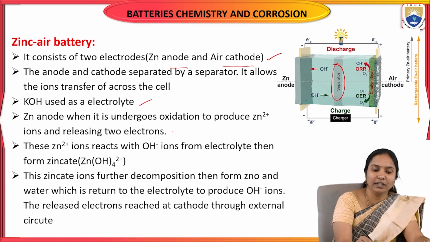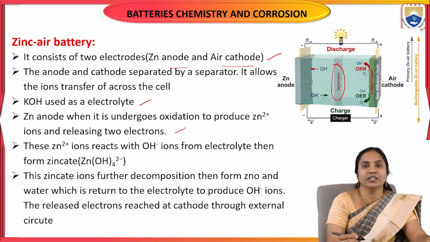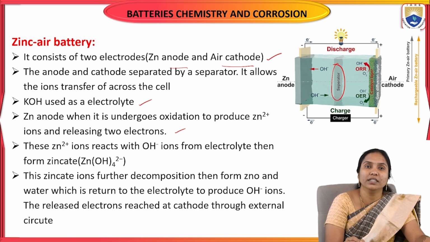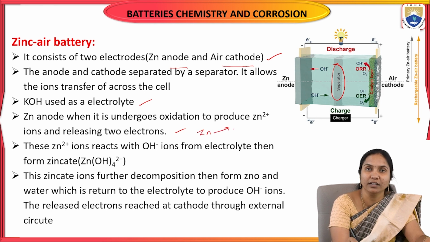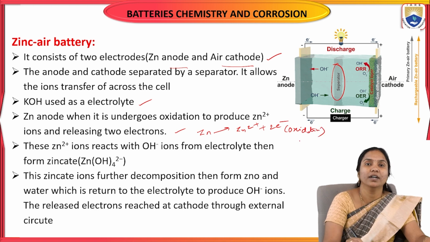At the zinc anode, oxidation occurs because zinc acts as anode in this zinc air battery. Zinc undergoes oxidation to produce zinc metal ions, releasing two electrons, because oxidation means loss of electrons.